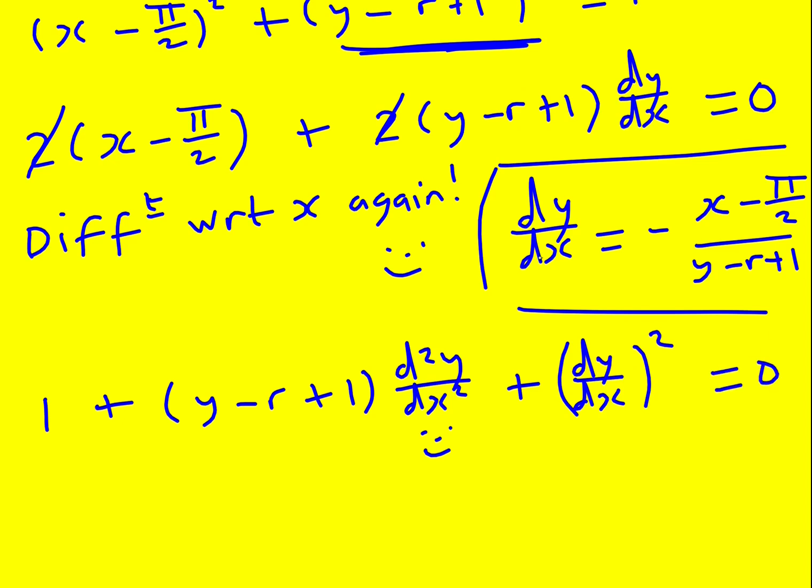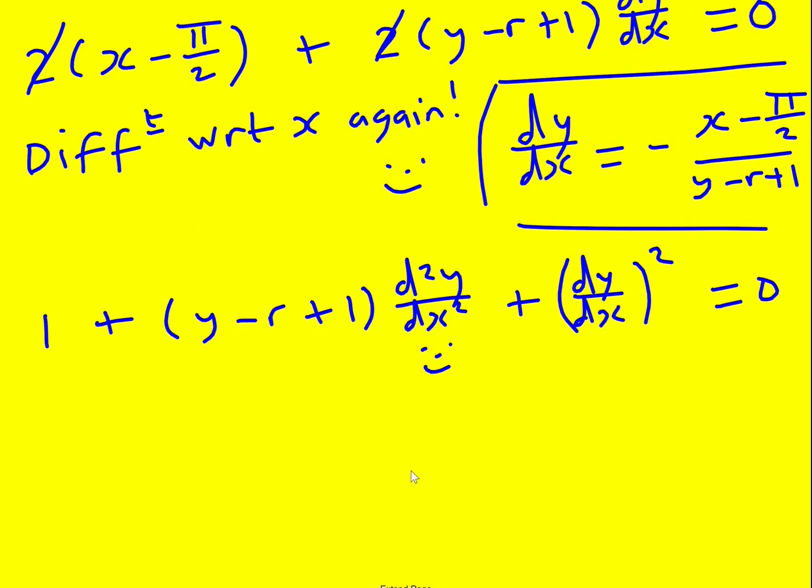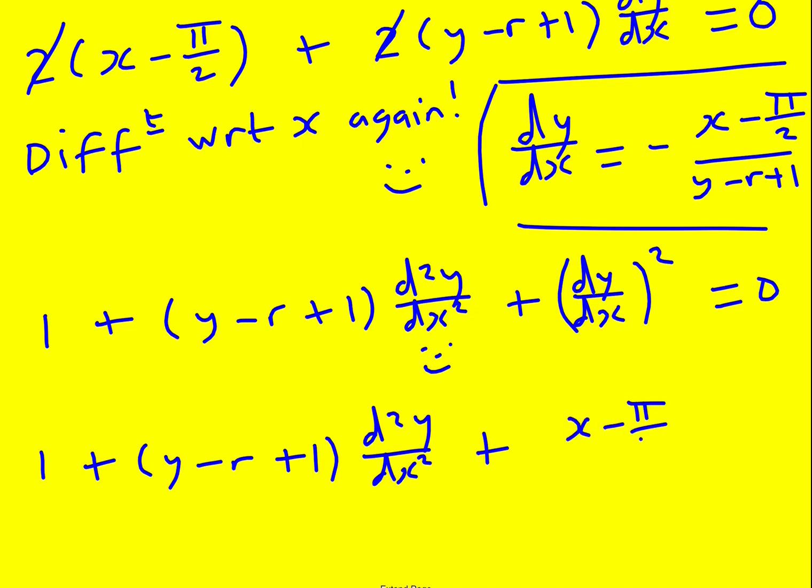That's what I was talking about when I said it will be useful to make this a subject, because I knew this was going to happen. And now we can substitute in for it. I'm just not going to rush it. 1 plus (y − r + 1) d²y/dx² plus this thing squared. I can just get rid of the negative and put a whole squared around it, and that's going to equal 0.